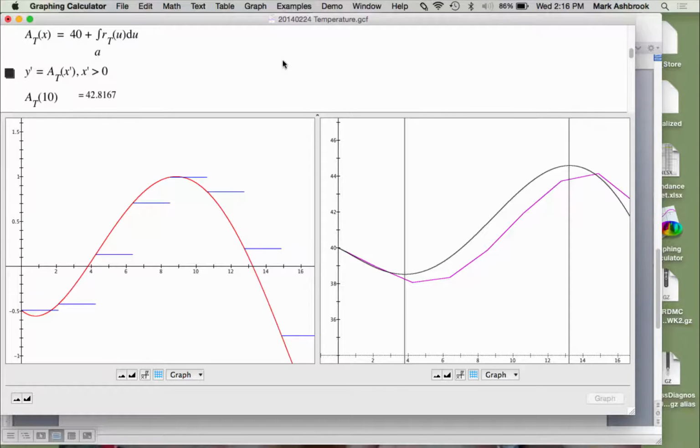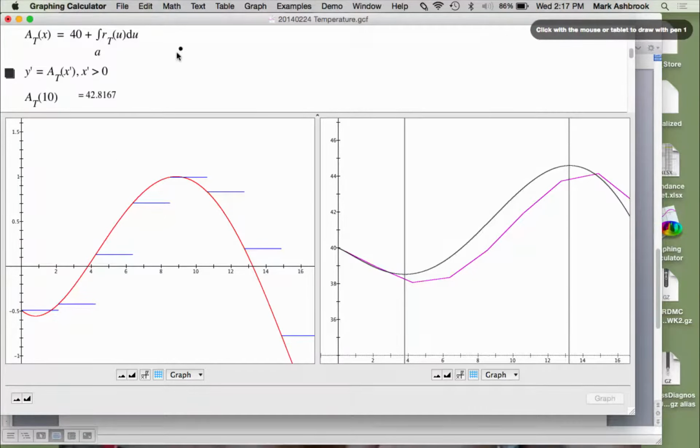So how else could I express that temperature at 10 minutes, besides A of 10? Besides the number, of course, so the number is a third way. Well, it would just be in terms of the rule, right?